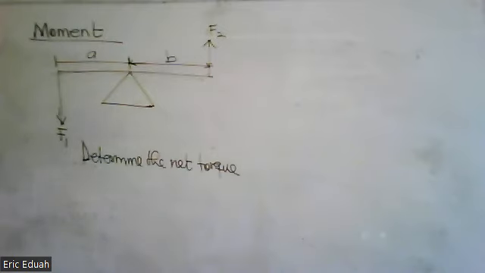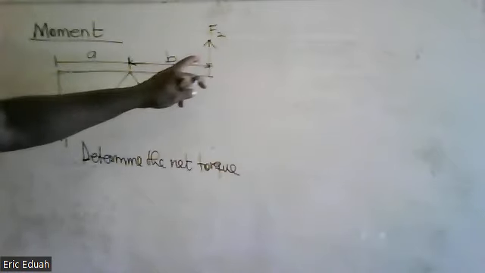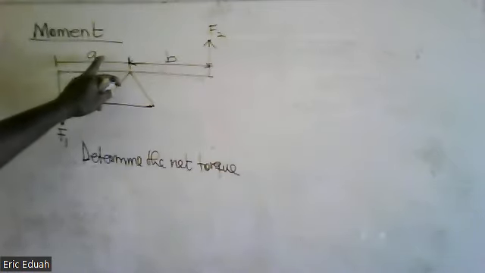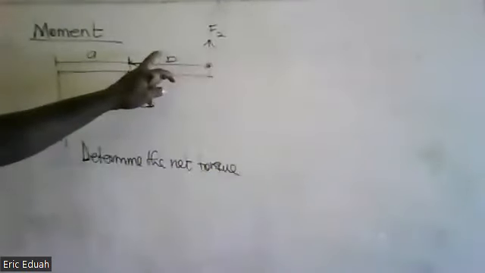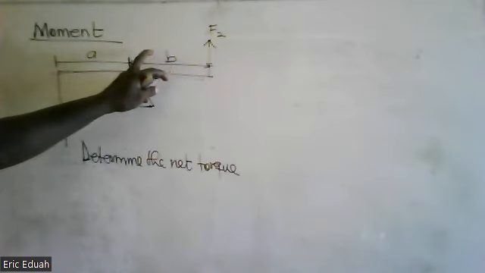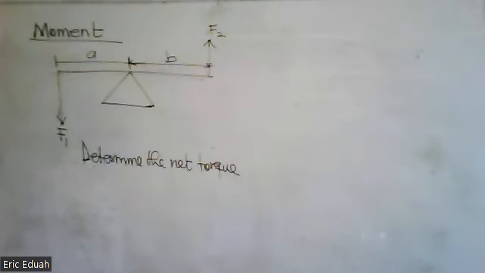Net, because here we are considering a situation where they may not be the same. If the product of F1 and the perpendicular distance is equal to the product of F2 and the perpendicular distance, then the net torque around the pivot will be 0.